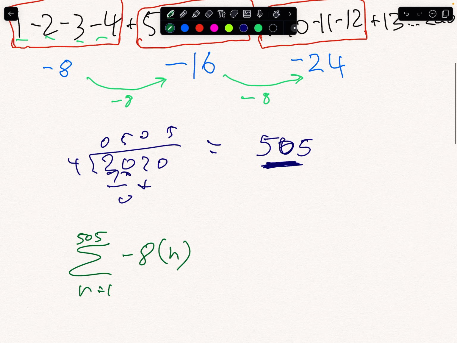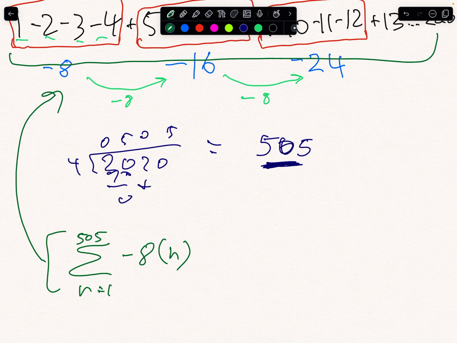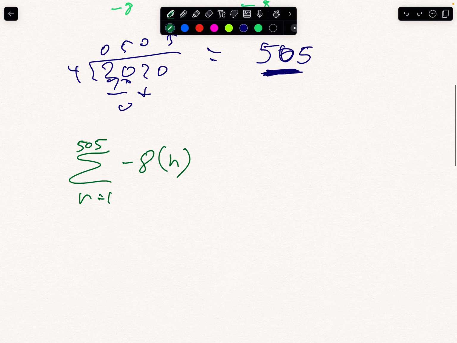What I just did here is, with this single line, I wrote out this entire thing at the top. Let me explain what this does. First, I'm going to plug in the first value of n, which is 1. So it's going to be negative 8 times 1, which is obviously negative 8. Now n is going to go from 1 to 2. What happens when n equals 2? I would get negative 8 times 2. Now n is going to go to 3.